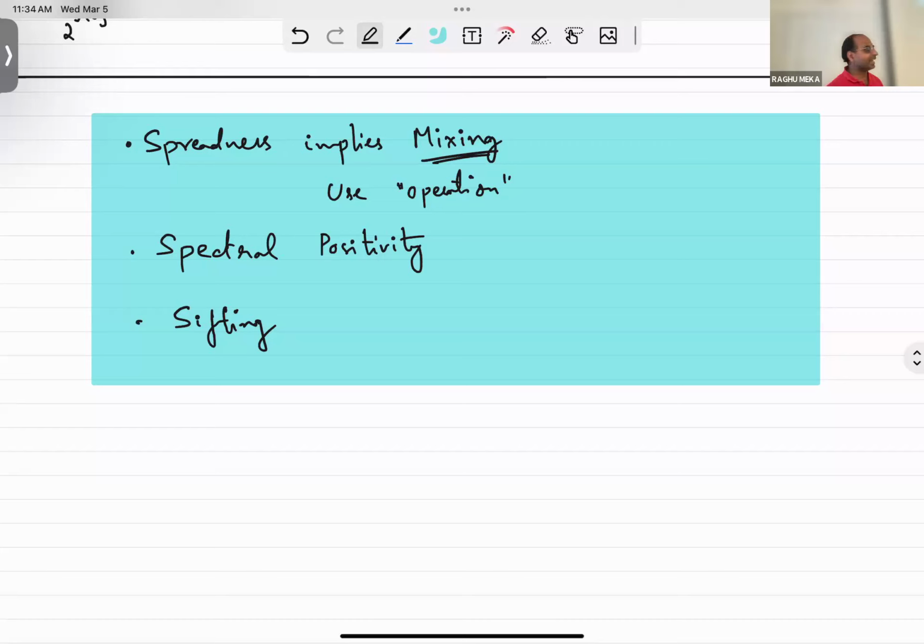Okay? And the proof of this, again, we are going to do spreadness versus mixing, structure versus randomness after matrix products. Earlier, we were looking at convolution as a mixing operation. Now it's a product. Spectral positivity, you had to go from underestimation to overestimation errors, but that comes about from positive semi-definiteness of matrices.